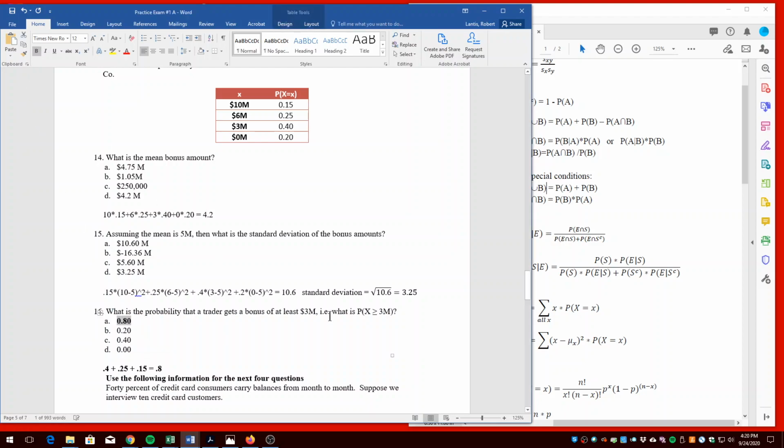So the only kind of tricky thing on here would be to really pay attention to that equality sign. If I would have said, what's the probability that you get a mean bonus of more than 3 million, then there's no longer an equality here, and the only outcomes that would fit that would be 6 or 10, so you'd only be adding up those two probabilities. So that's really the only wrinkle you could see in that type of question.